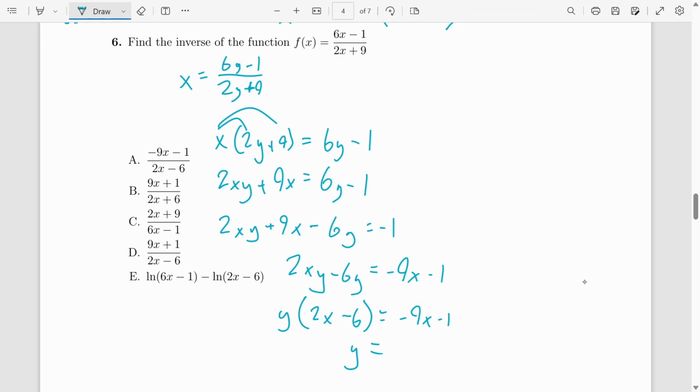So this is now y equals negative 9x minus 1 over 2x minus 6. There we go. So yeah, typical inverses problem, where you rewrite it with a y, and then flip the positions of the x's and the y's, then solve for y, and then what's left is your inverse. Not too bad.